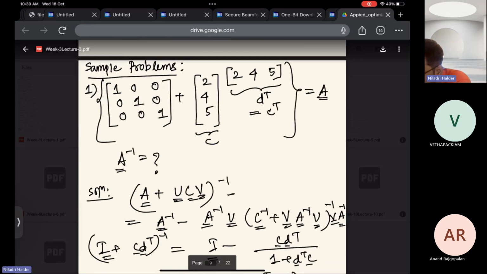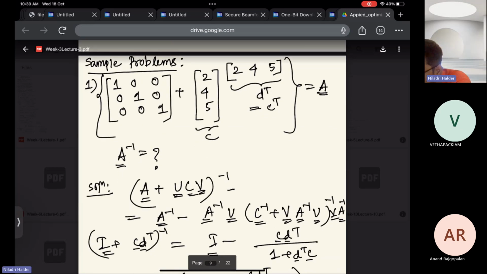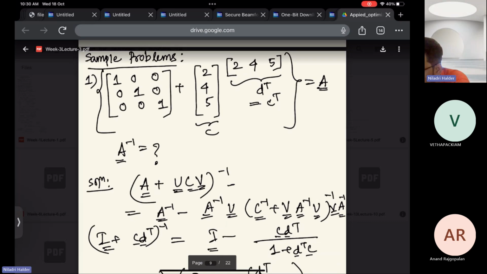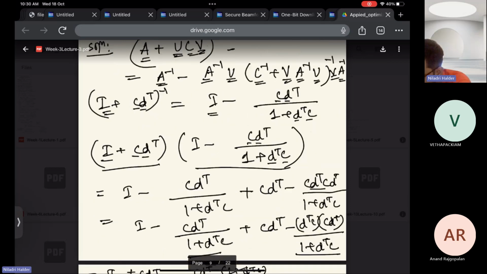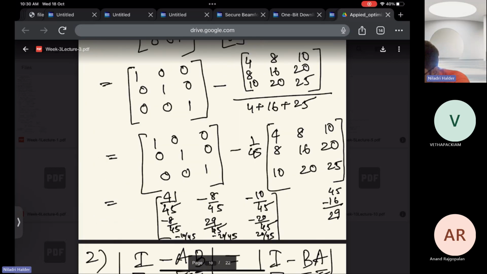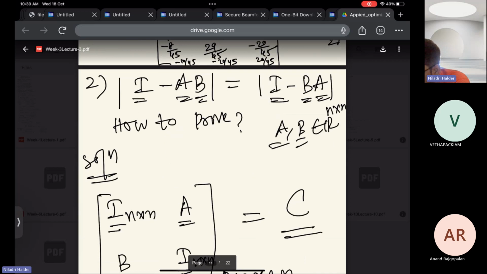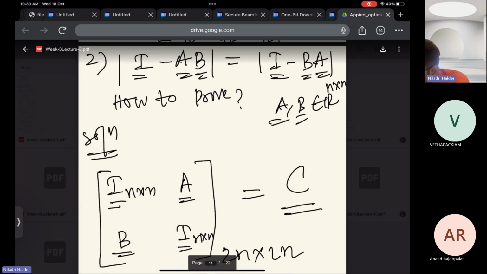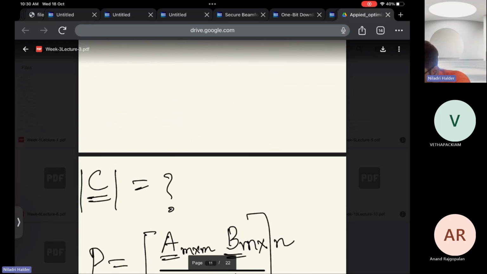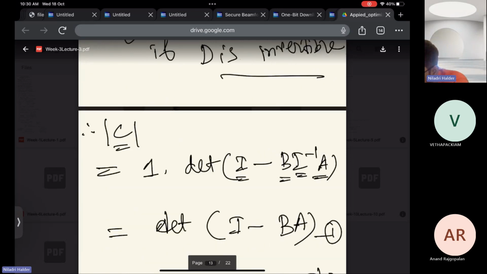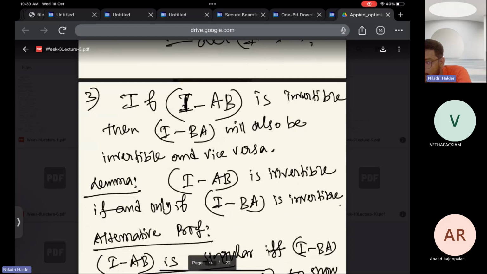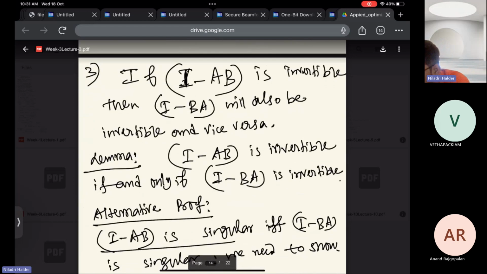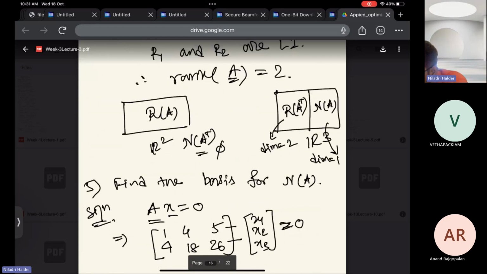These are sample problems of how to find A inverse, where A is equal to I plus C D transpose. This is just putting those formulas here. Then the determinant of I minus AB is equal to the determinant of I minus BA, where A and B are both square matrices. The proof is shown here. And if I minus AB is invertible, then I minus BA will also be invertible, and vice versa. That proof is also shown here.